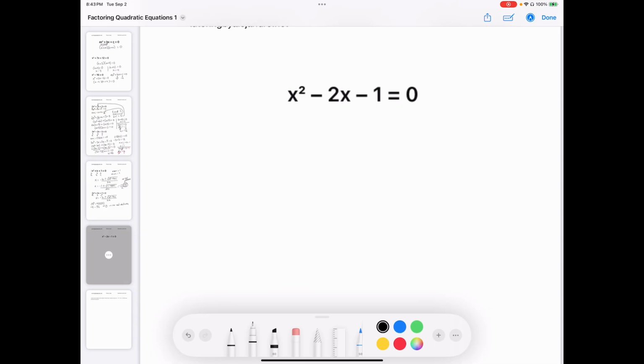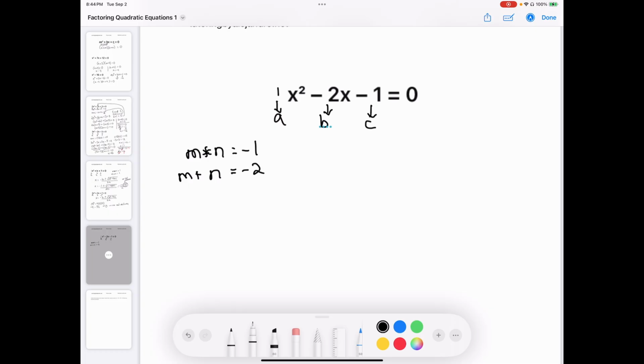Okay, so here's an example where the quadratic formula gives real but irrational roots. If you were to try factoring, remember our a in this case is 1, our b is -2, and our c is -1. So we technically need two numbers that when multiplied give us -1, but when added will give us -2.